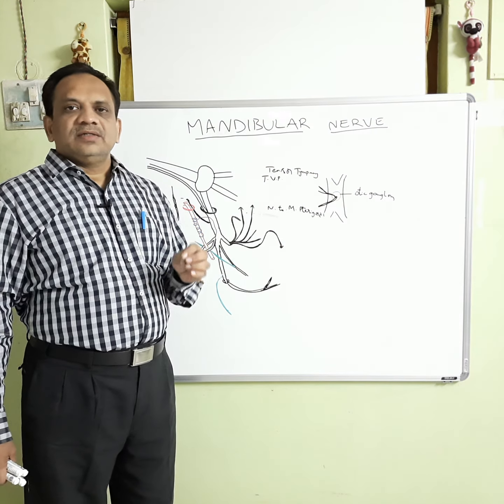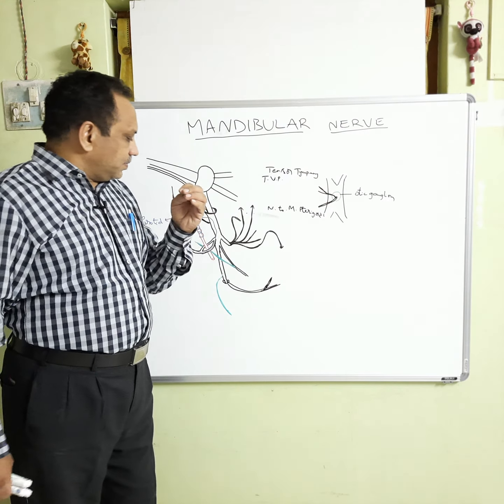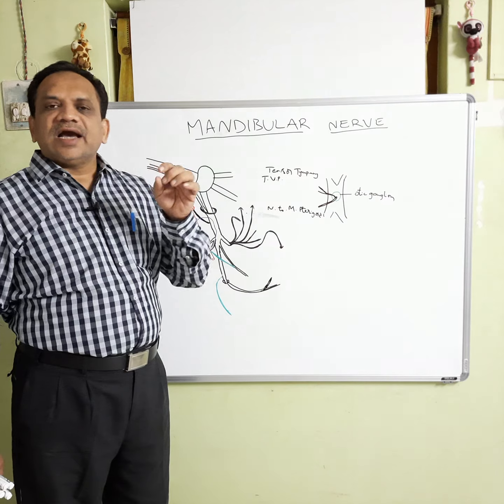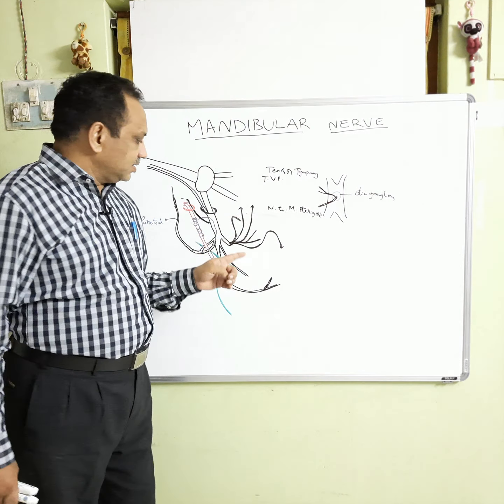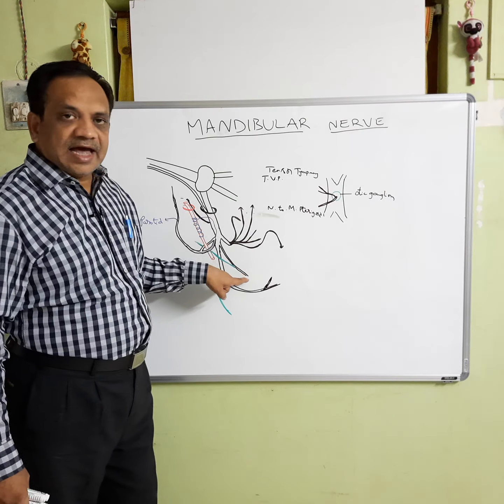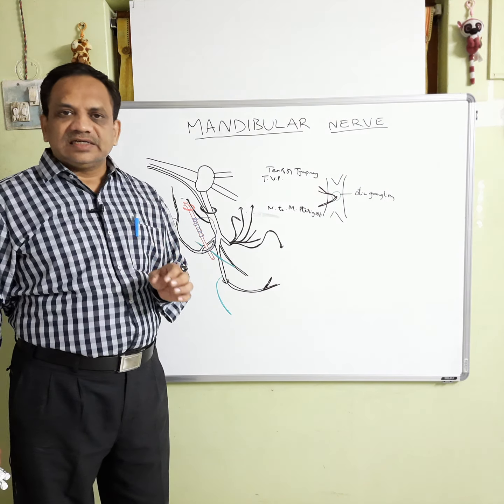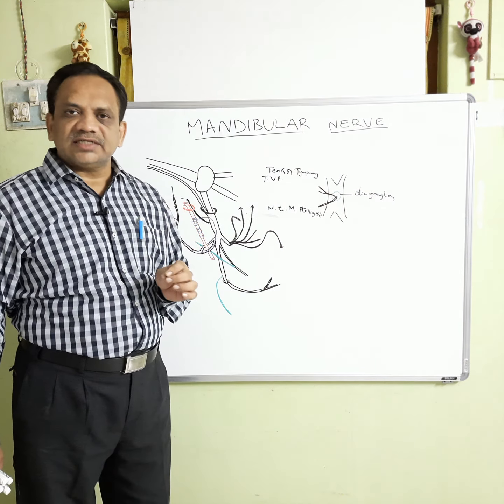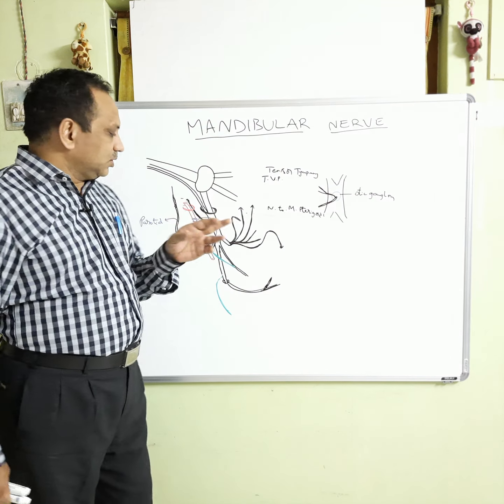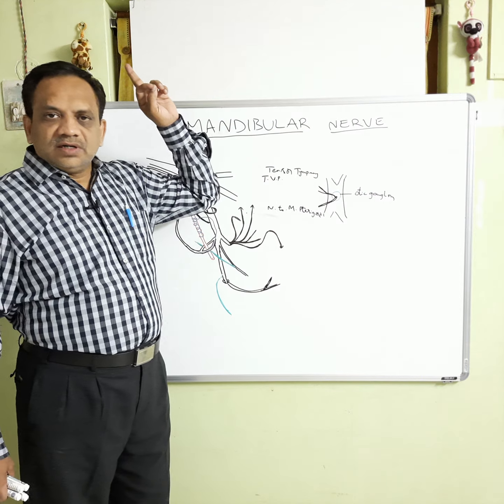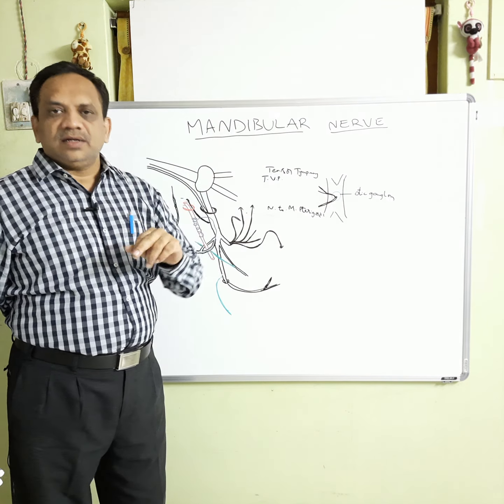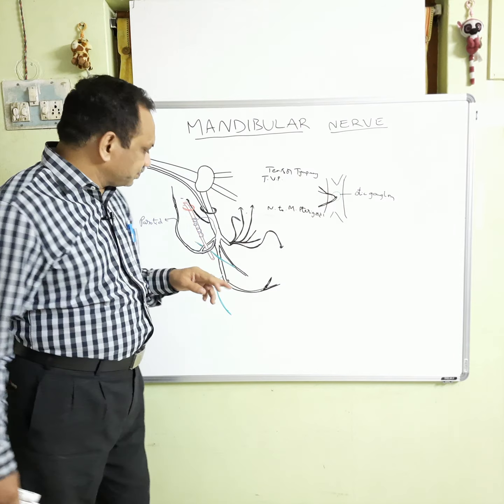That is, the peripheral processes of the geniculate ganglion of the facial nerve are carried through this chorda tympani nerve, which carries the special sensation, that is the taste sense, from the anterior 2/3 of the tongue to the geniculate ganglion of the facial nerve, which is in the middle ear tympanic cavity.